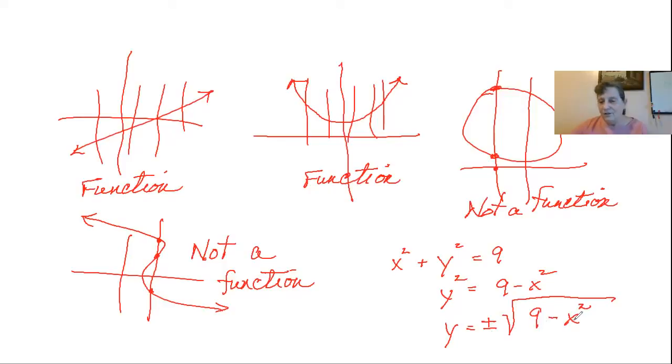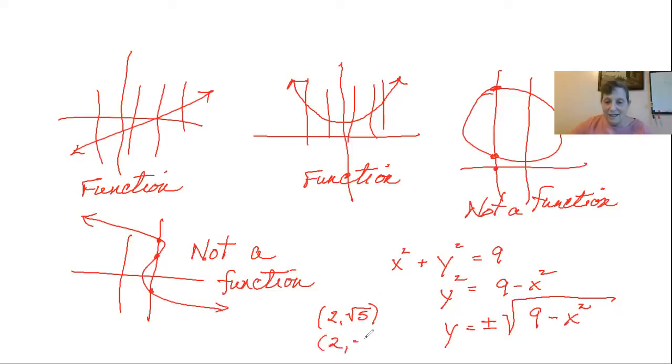So if I put in, I don't know, a 2 for x, then this becomes 9 minus 4, plus or minus the square root of 5. So 2 and the square root of 5 would be 1 point on this circle.